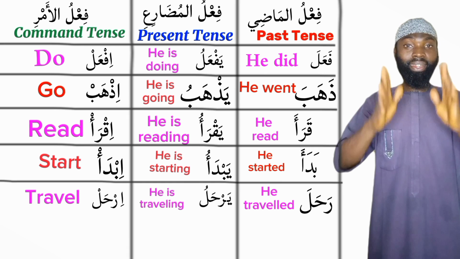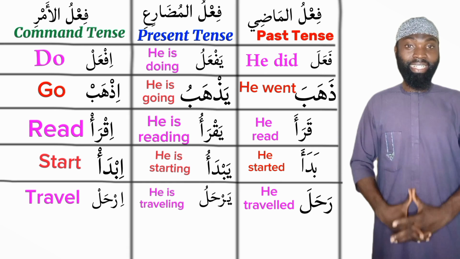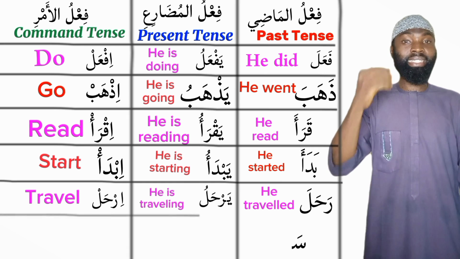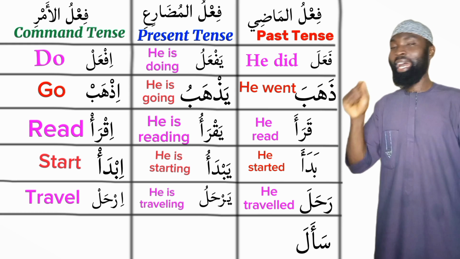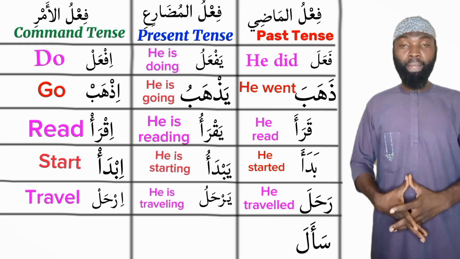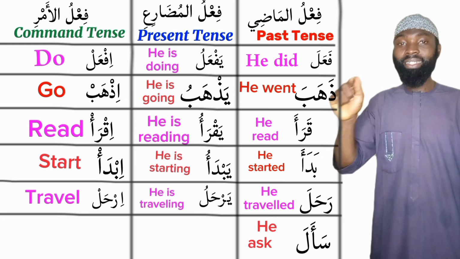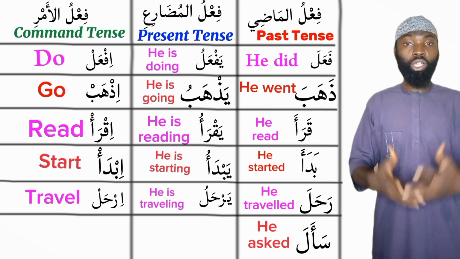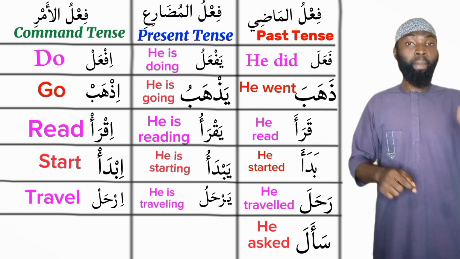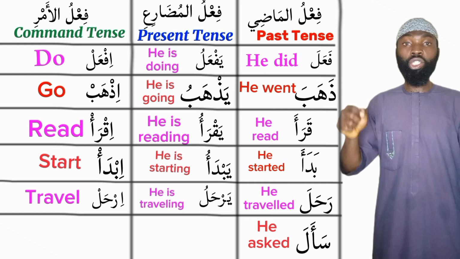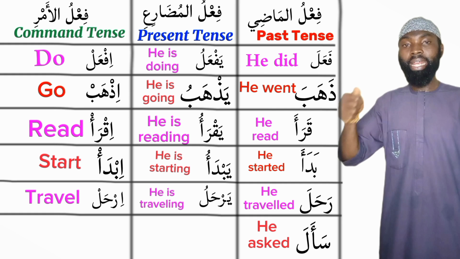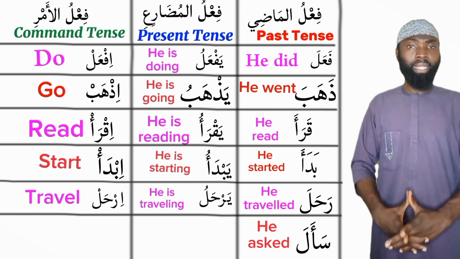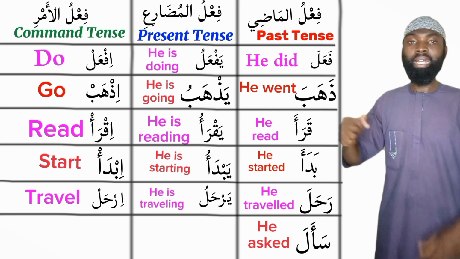Then the very last word to end these examples is the word sa'ala. Sa'ala simply means he asked. When you ask a question, he asked in the past, meaning he threw the question in the past. You can see it's also following the pattern of fa'ala.